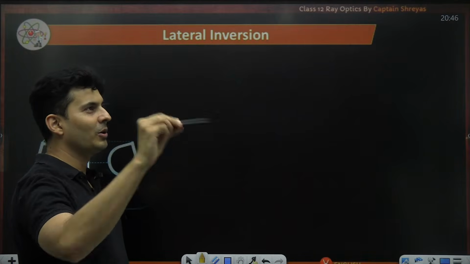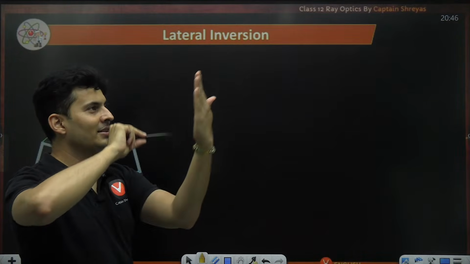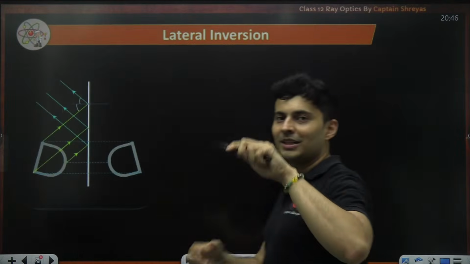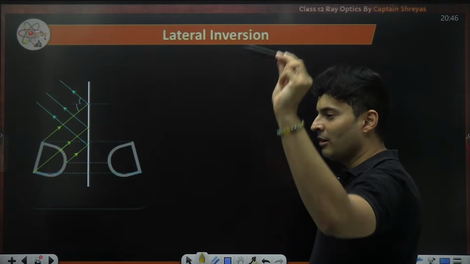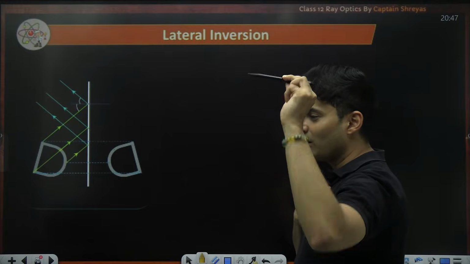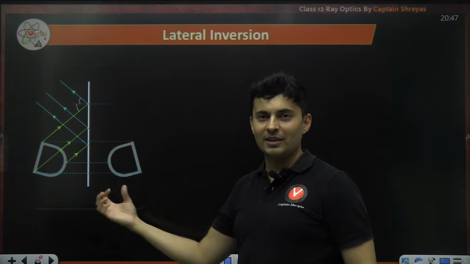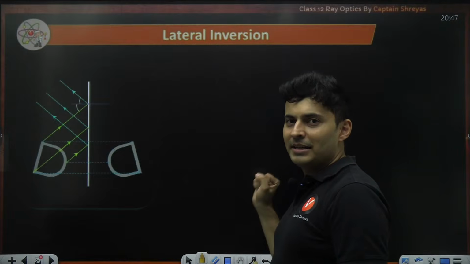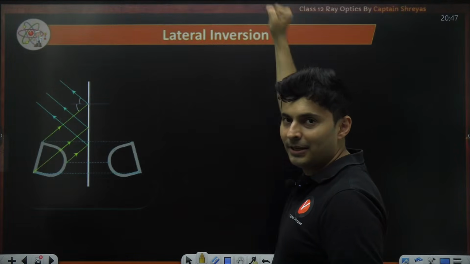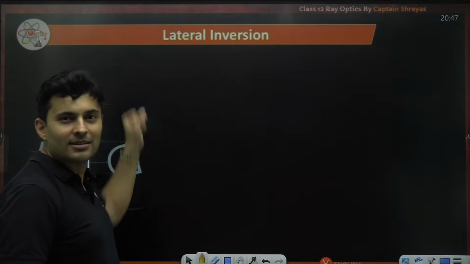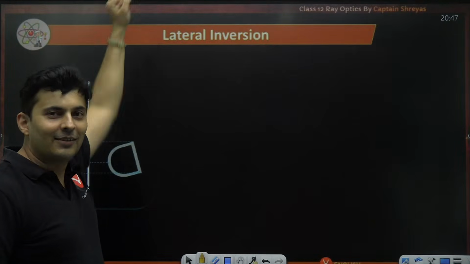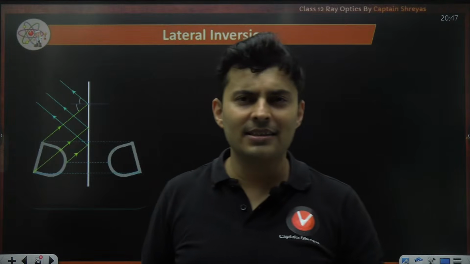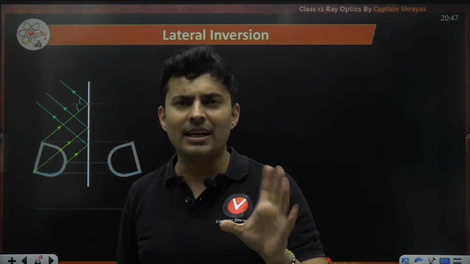Imagine Shreyas Sir drawing something over here. Imagine there is some mirror over here. Imagine you seeing my mirror image like this. At the same time, I will be using my left hand. My virtual Shreyas Sir will be using left hand. If the virtual Shreyas Sir lifts his right hand, then the real Shreyas Sir will lift the left hand. So that is what lateral inversion is in simple explanation.